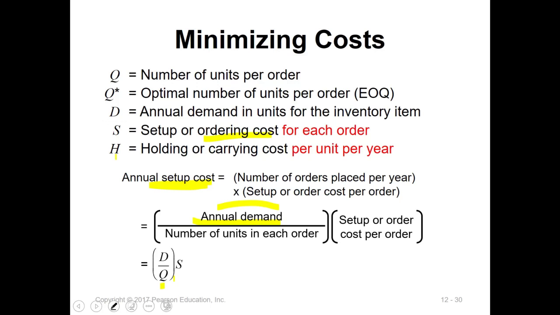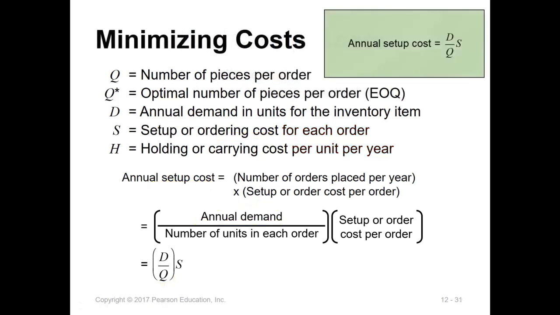D represents the annual demand. And from this equation, we find the annual setup cost equals D divided by Q times S.